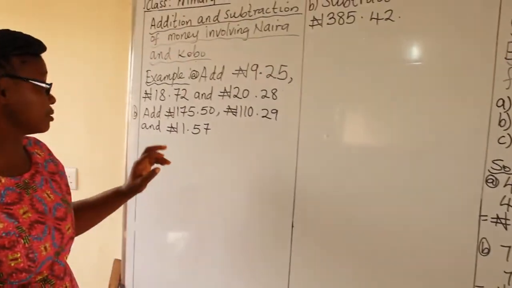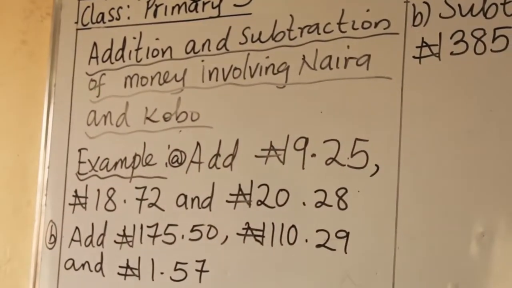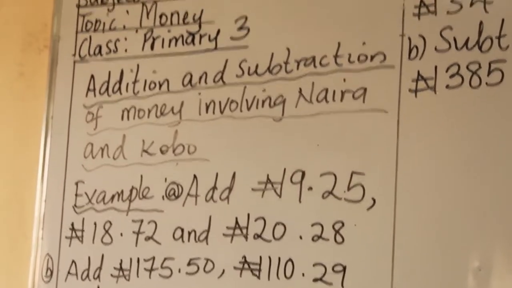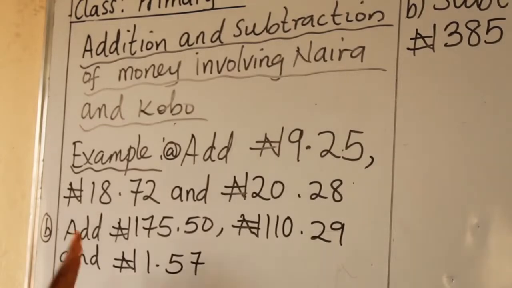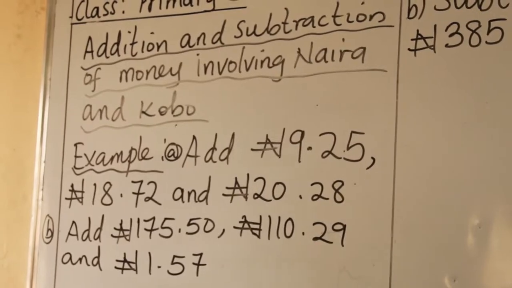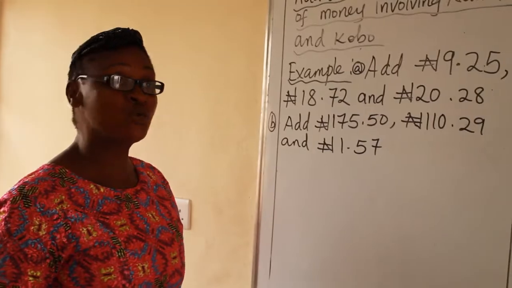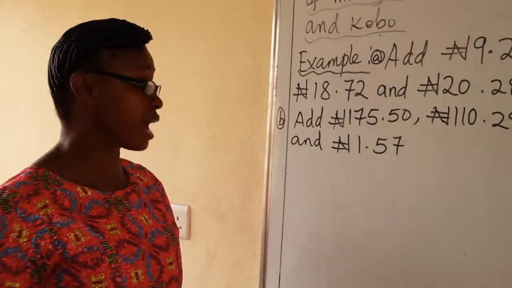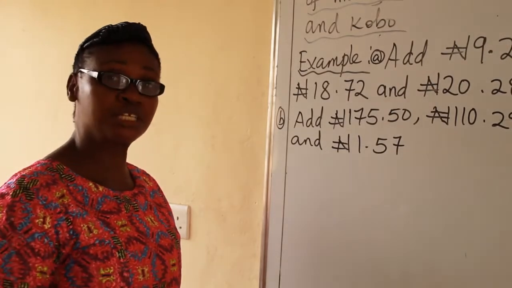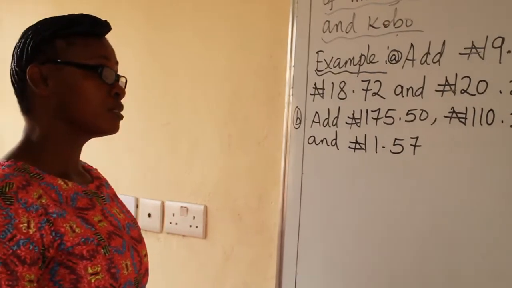And so we move over to addition and subtraction of money involving naira and kobo. Now we want to be adding. Don't forget, back in school, as at last term, in Sleek Angels International School, we added some numbers, we subtracted some numbers, we had subtracting and adding 5-digit numbers, 6-digit, 3-digit, 2-digit by 2-digit, 6-digit by 6-digit.